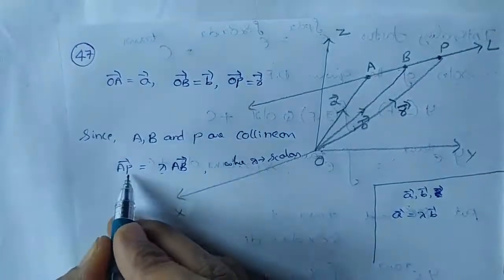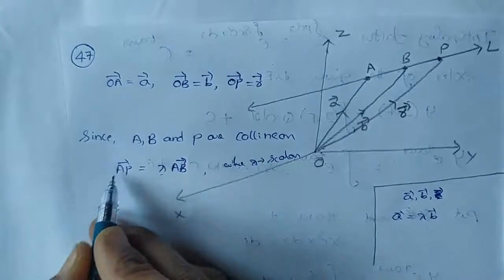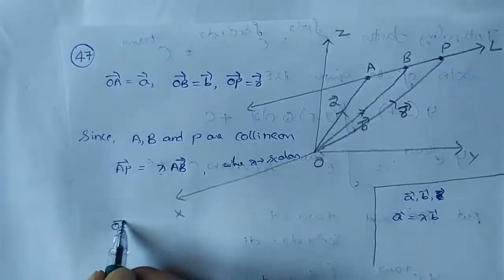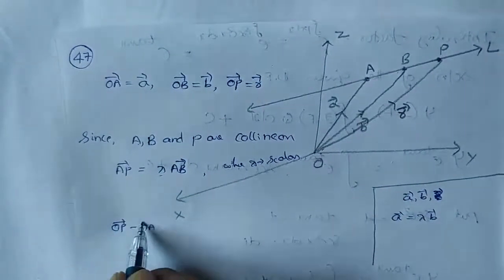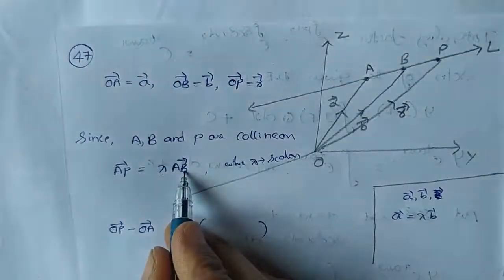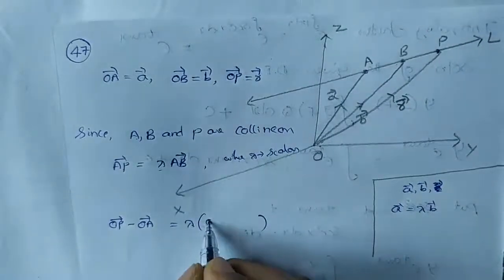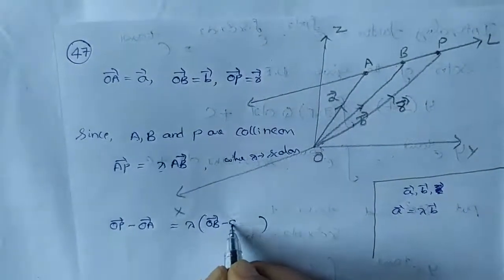Now write this AP vector in the form of position vectors: OP vector minus OA vector equals lambda into, similarly write AB vector with respect to its position vectors, OB vector minus OA vector.